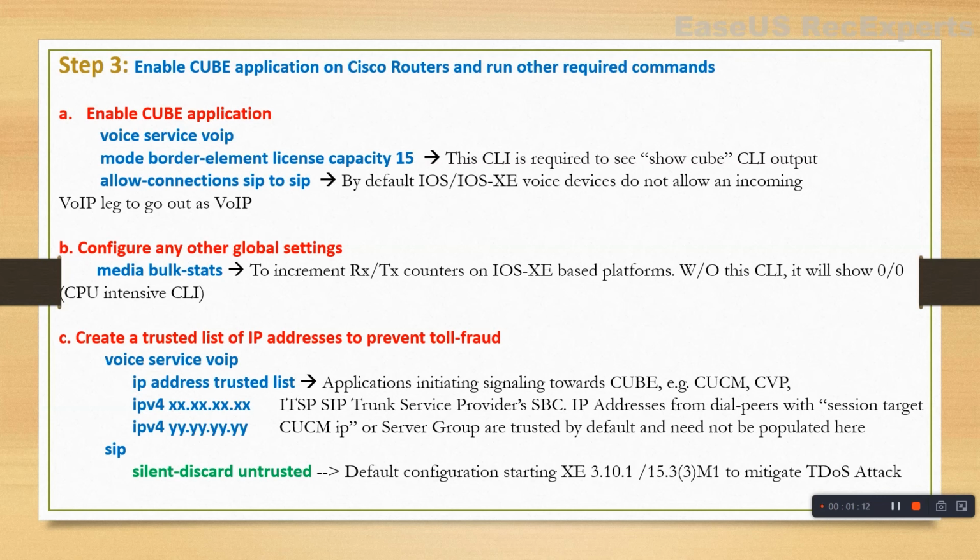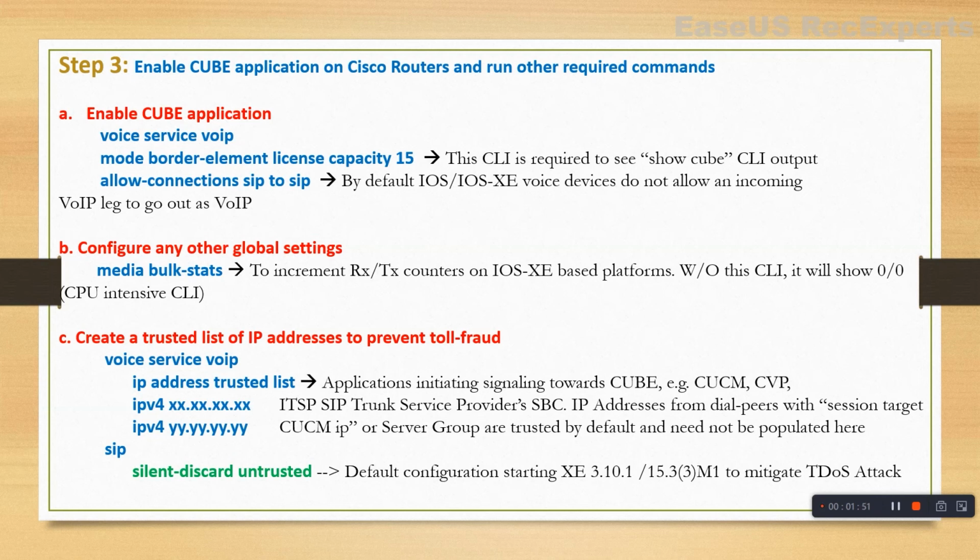Next step is to configure media bulk-stats. Again, this is not a mandatory command, but whenever you run this command it is needed to see your Rx/Tx packet counters increase and decrease in IOS XE. So for example, when you run the command show voip rtp connections, or show call active voice brief, is the command, I think, where you will be able to see the number of packets received and sent.